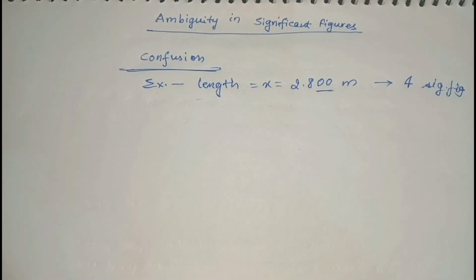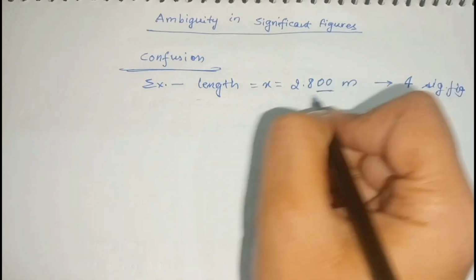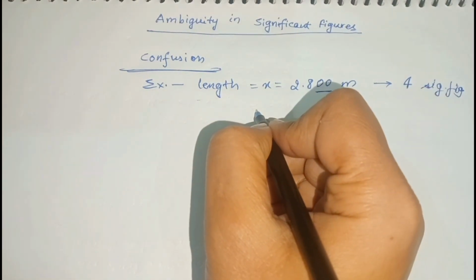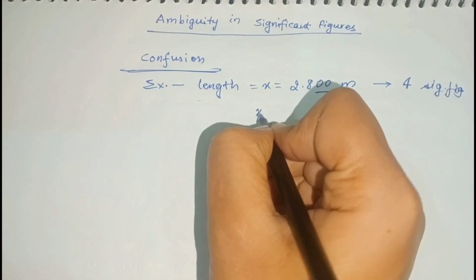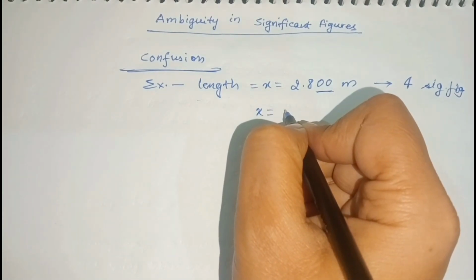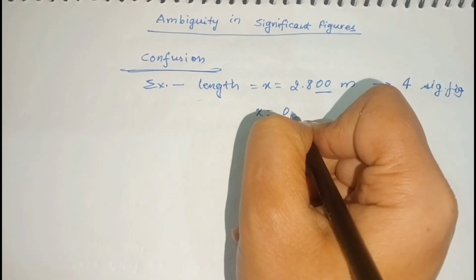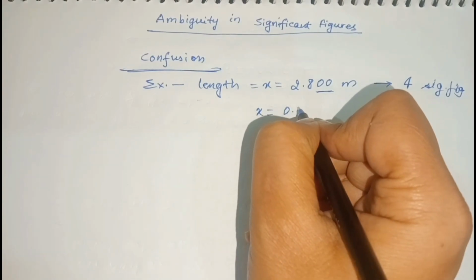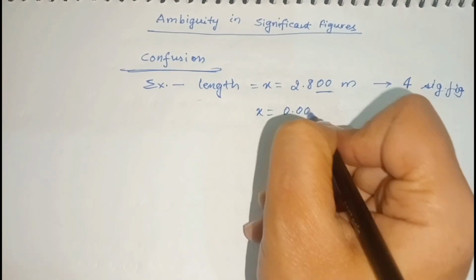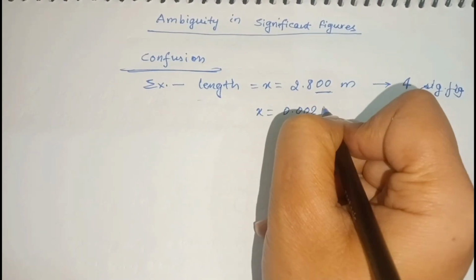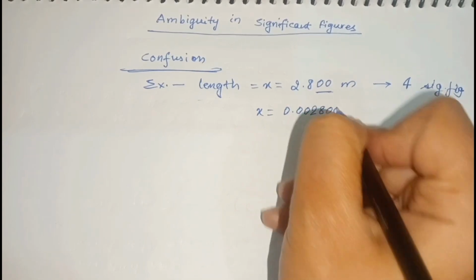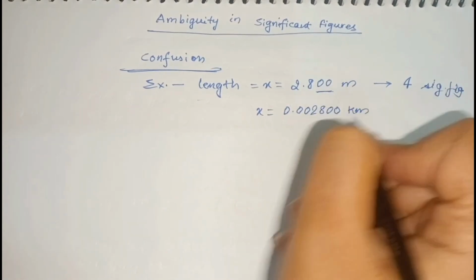So here if we convert this meter into, let it be kilometer, then x may also be written as 0.002800 kilometers.